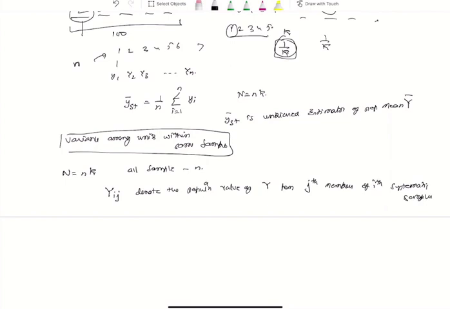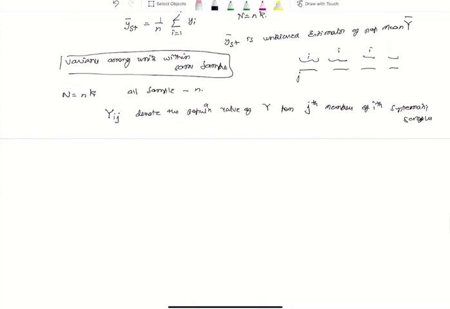So there are i systematic groups, and each of these has members j. I represents the groups and j represents each member of it.